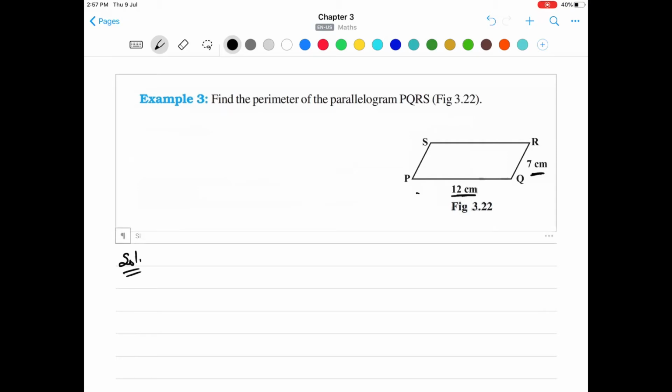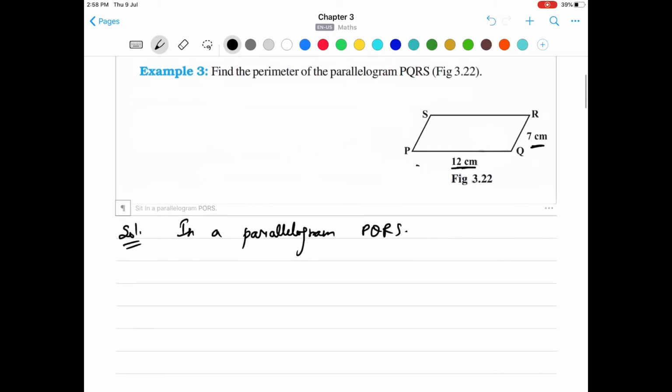So I'll write the solution of example 3. As we know, in a parallelogram PQRS, the side PQ will be equal to its opposite side.